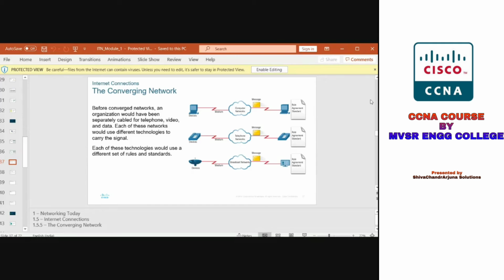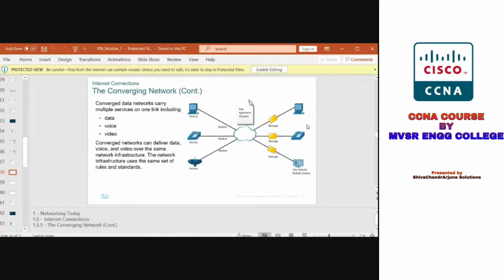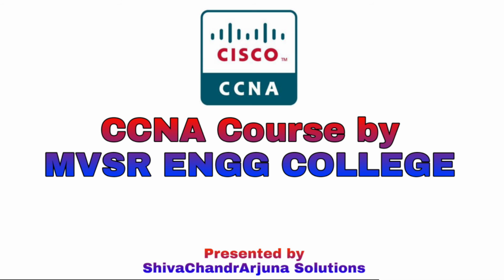After that, we moved to the converged network. Different devices are connected with the help of different connections. All these converged networks can carry data, voice, and video and deliver them to the different devices in the network with the help of a common set of rules and standards.